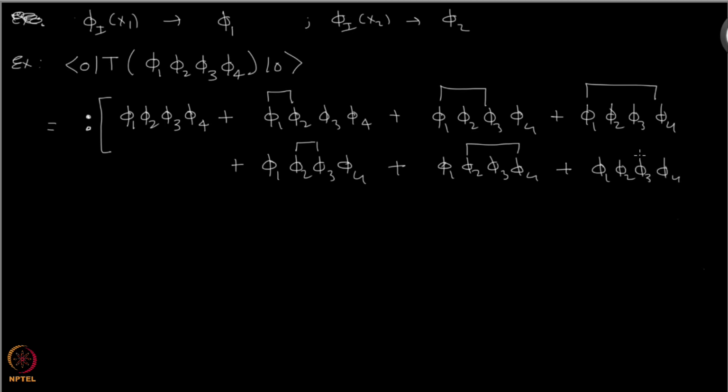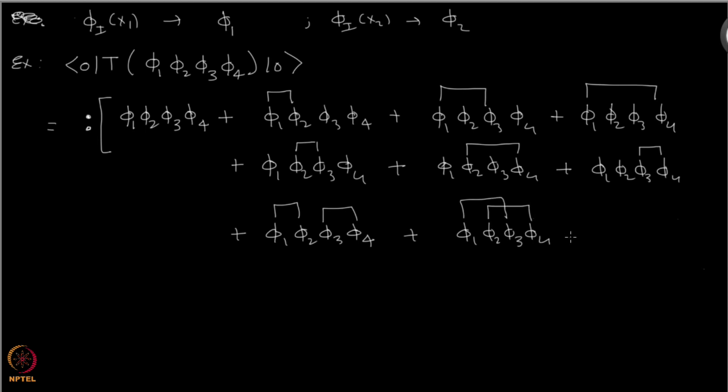Then you can have 3 contracted with 4, plus 1 with 2 and 3 with 4, 1 with 3 and 2 with 4, 1 with 4 and 2 with 3, and this entire thing is normal ordered.